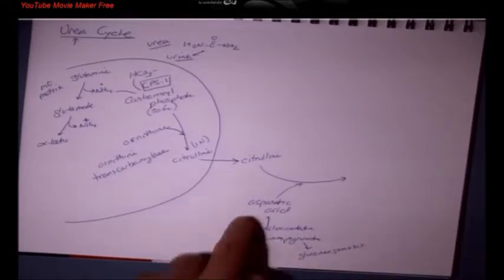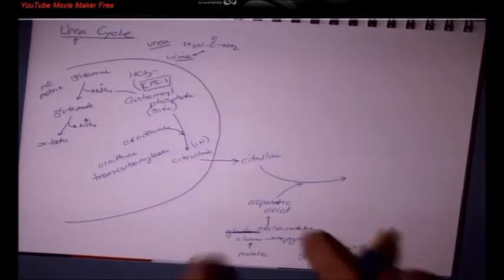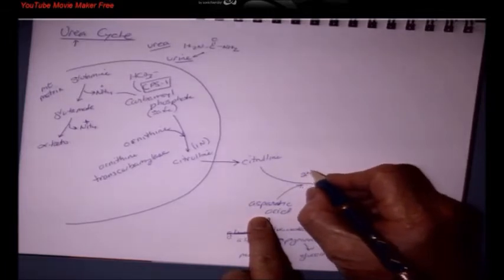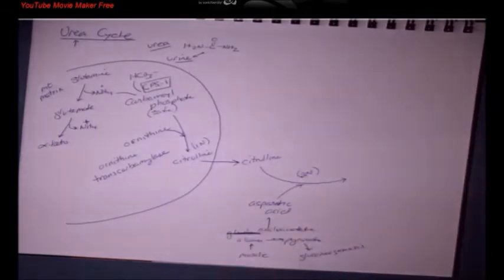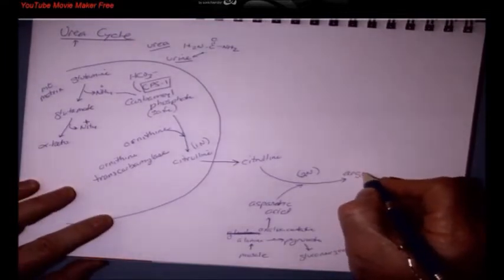So here's that aspartic acid that I said, let's put on the side for now. And what the aspartic acid is going to add is the second nitrogen of urea. And what we're forming here is argininosuccinate.